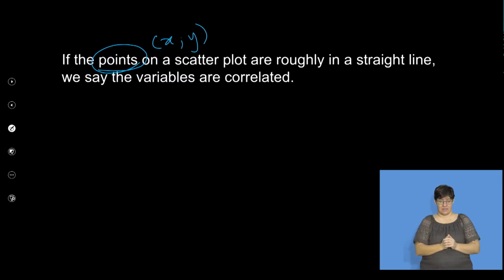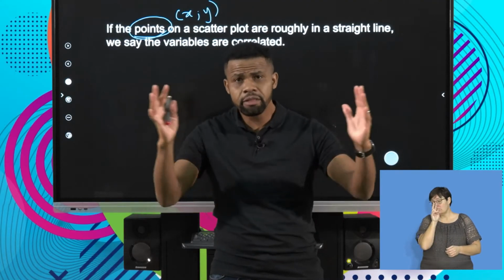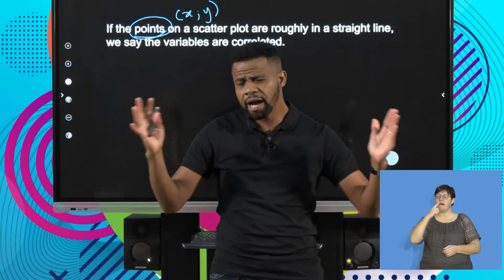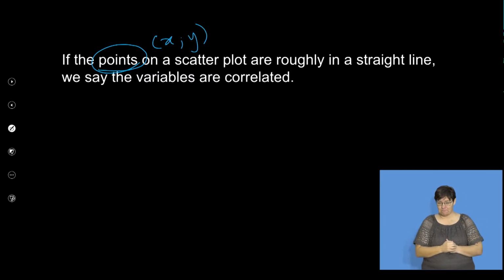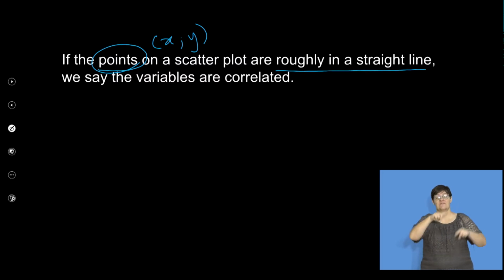We put all those coordinates in a table, and if you look at the trend, we can guess our correlation. If the points on a scatter plot are roughly in a straight line, we say the variables are correlated.